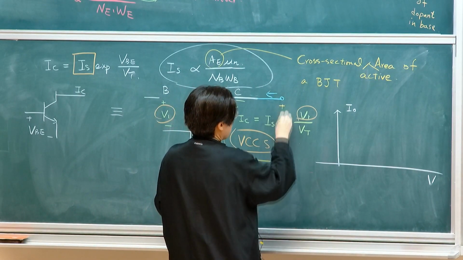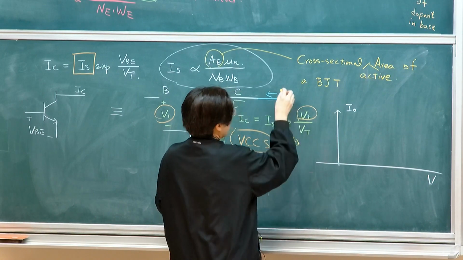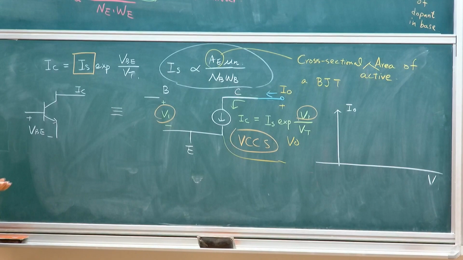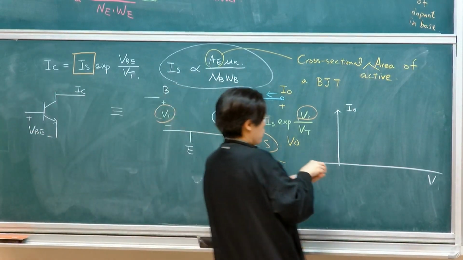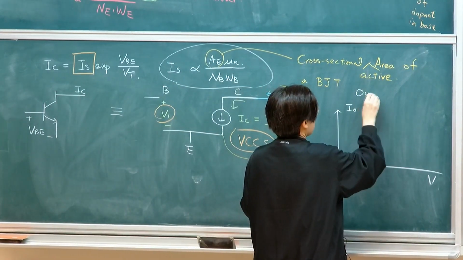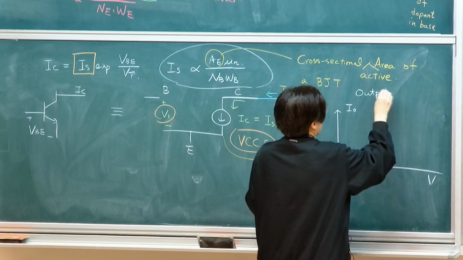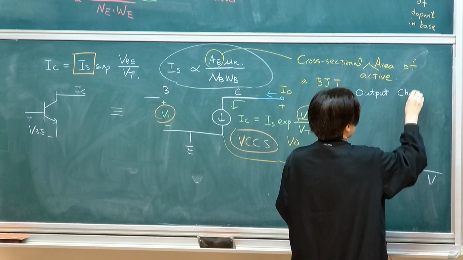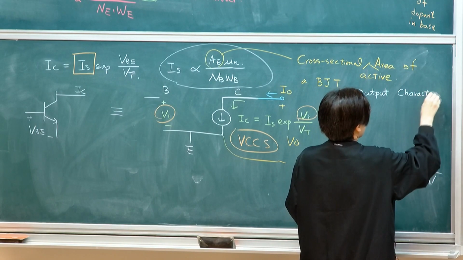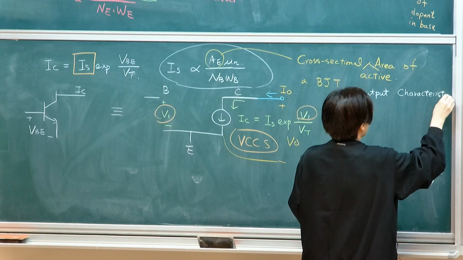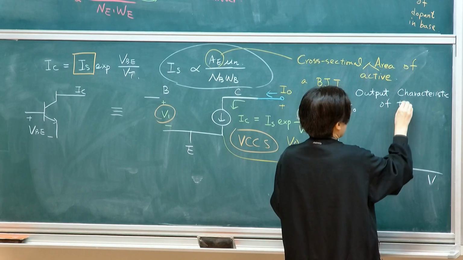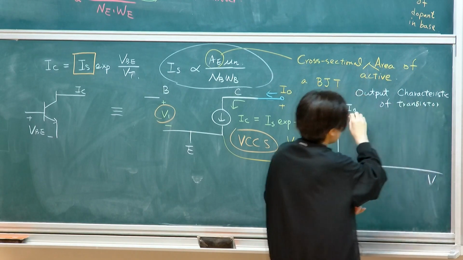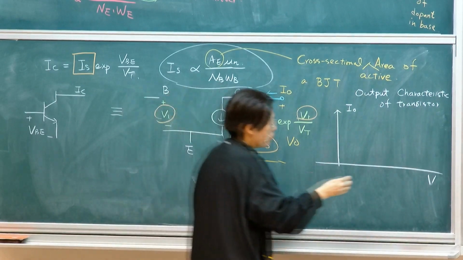For example, I apply a voltage across, which is VO, and observe its output characteristic. This is the output characteristic of a transistor, typically referred to as the output characteristic, which is IO versus VO.